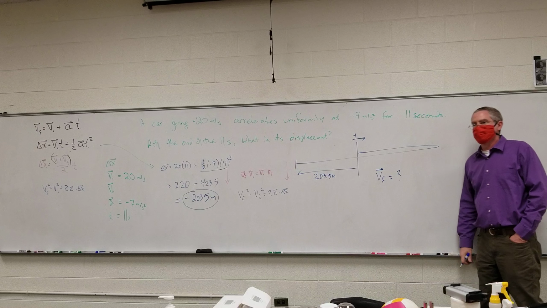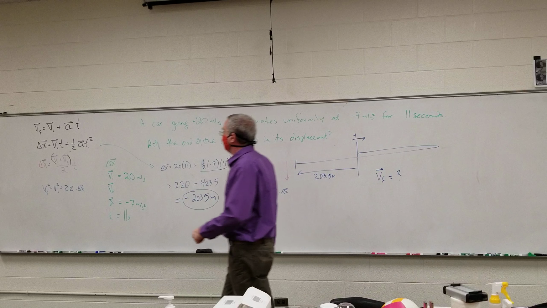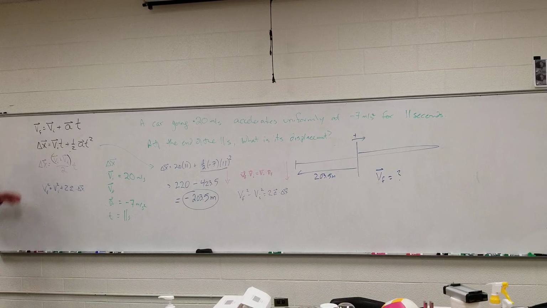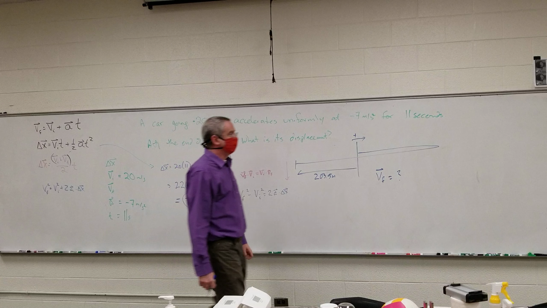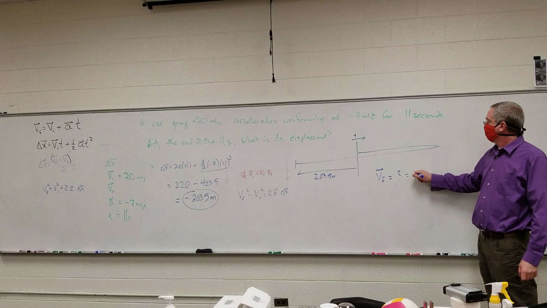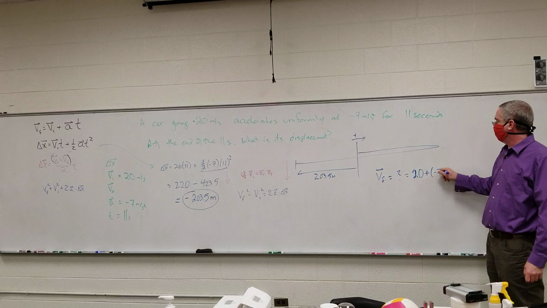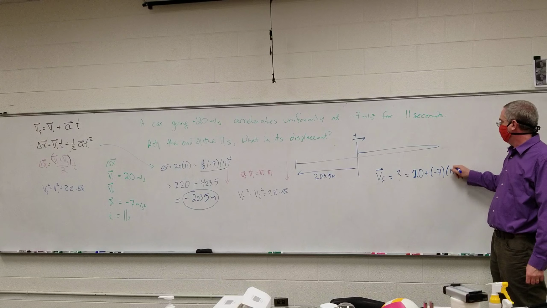Final velocity. At this point, I know displacement, so there's only one equation I should not use, and that would be this one, because that doesn't have VF in it. So to find final velocity, I can use any of the other ones. The first one seems the simplest, but there's nothing wrong with using the others. And so VF is 20 plus negative 7 times 11.